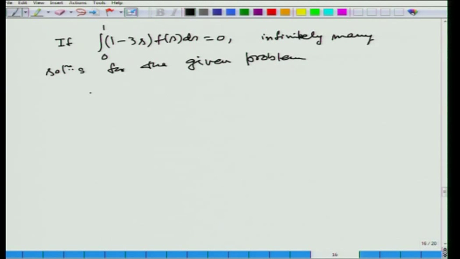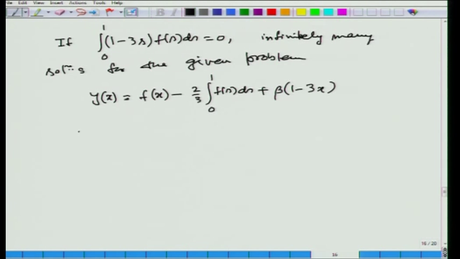And in this case the solution can be obtained as y(x) is equal to f(x) minus 2/3 integral 0 to 1 f(s) ds plus beta times (1 minus 3x), where beta is an arbitrary constant.